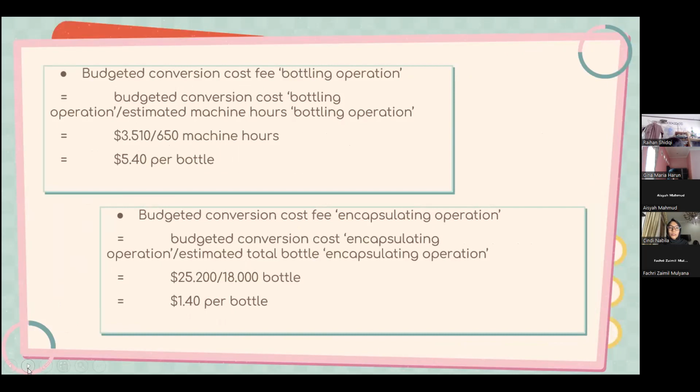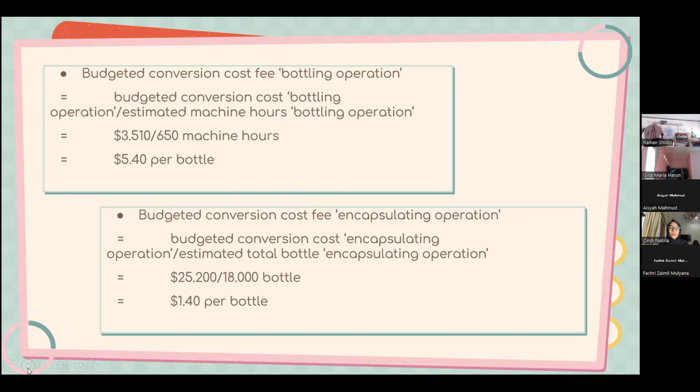Next up, we have the budgeted conversion cost fee for bottling operations. The budgeted conversion cost for bottling operation is divided by the estimated machine hours for bottling operations, which is $3,510 divided by 650 machine hours. And then we get the budgeted conversion cost as $5.40 per machine hour.